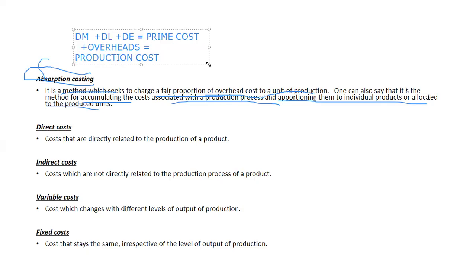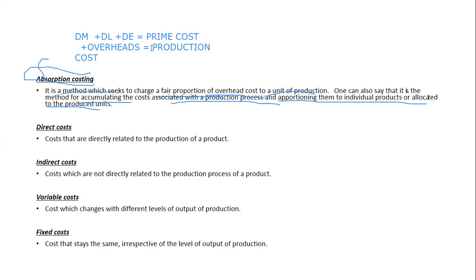Now with absorption costing, it takes into consideration all of these costs that the firm incurs in order to produce a product. What we'll be doing in this topic is calculating the production cost, and after getting the production cost, we'll then be able to determine the profit by looking at the selling price for the units produced.